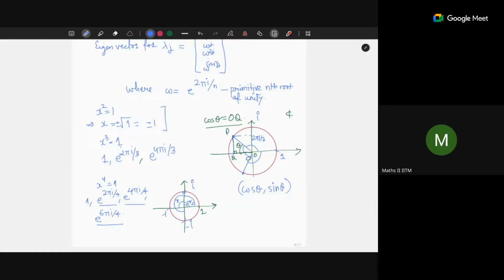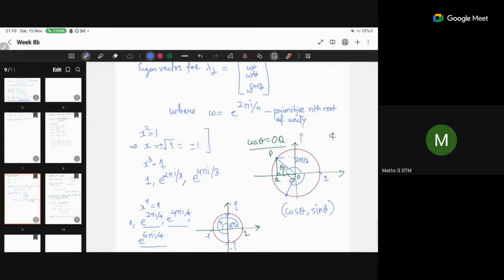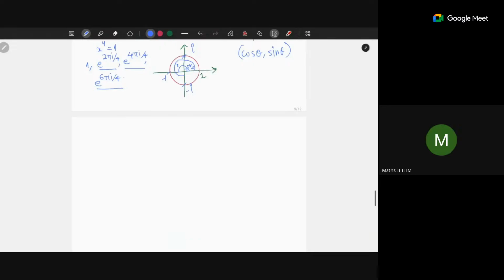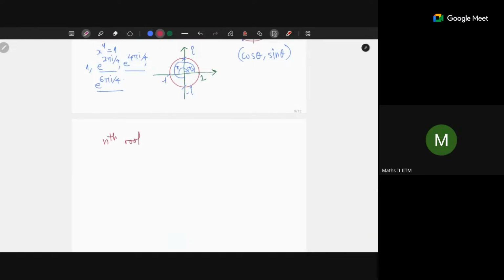The simpler way to say it is that the nth roots of unity, that is, the solutions of this equation, are 1, and so on, e to the power 2 pi i k by n, where k varies from 0 to n minus 1.